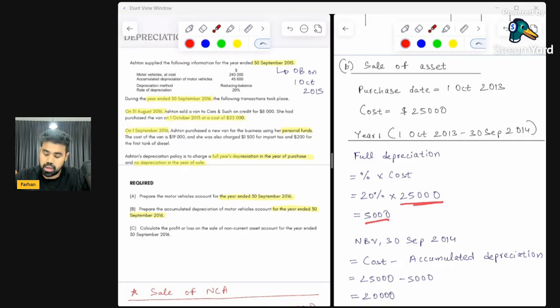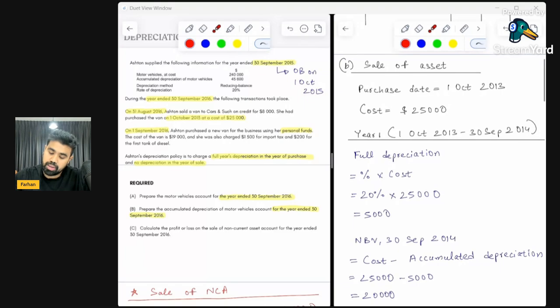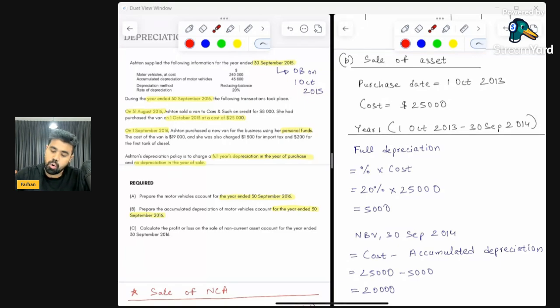depreciation. Now, I always recommend you to calculate the net book value every time you are using the reducing balance method because it makes our calculations easier moving forward. So the net book value at the end of the first year or at 30 September 2014, or the net book value at any given point in time, is calculated as the difference between the original cost and the accumulated depreciation.